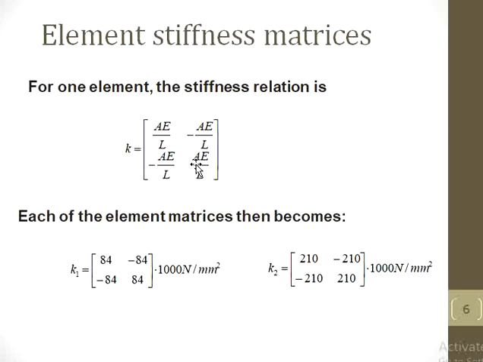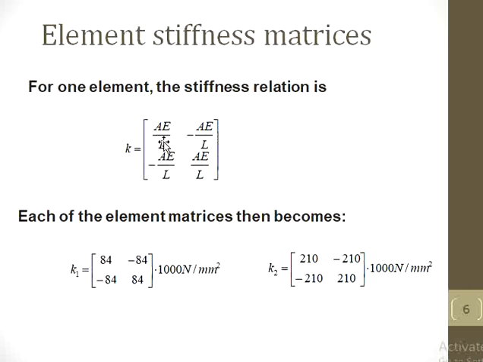One element has two nodes, so the individual stiffness matrix size is 2 by 2. So AE upon L, minus AE upon L, minus AE upon L and AE upon L. We already know the respective values for element 1 and element 2. There are two elements, so we will prepare two individual stiffness matrices for element 1 and element 2 by referring to this same stiffness matrix.